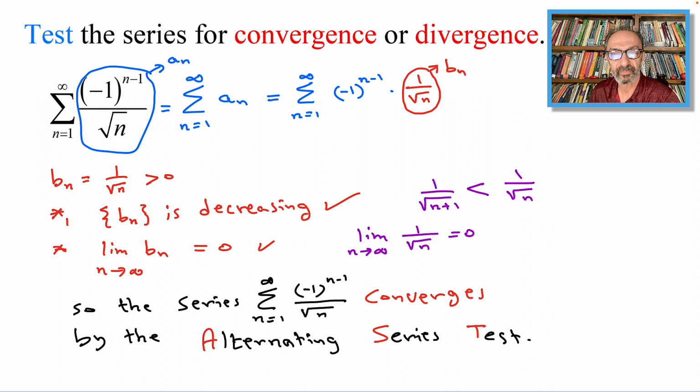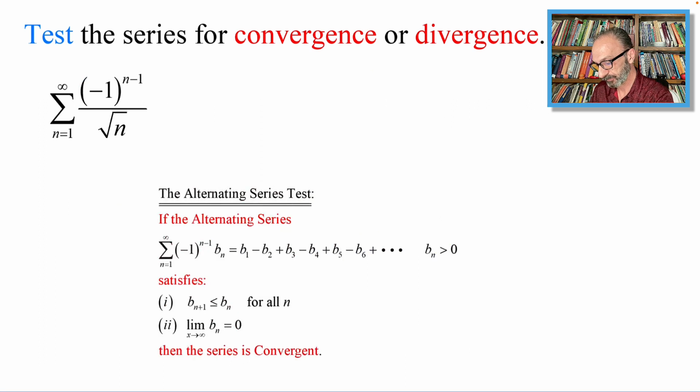That should do it. To go over this quickly as an overview, we have the following. This is the alternating series test that shows, once you identify b sub n to be greater than 0, clearly that b sub n that we looked at, 1 over square root of n, is greater than 0, which is what we have.